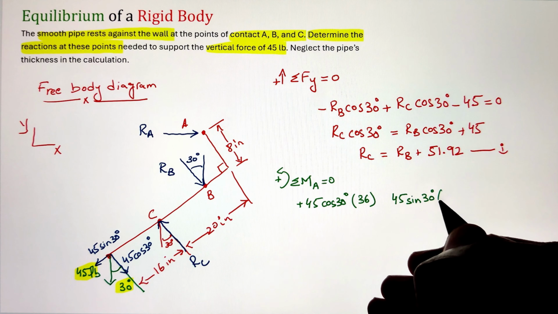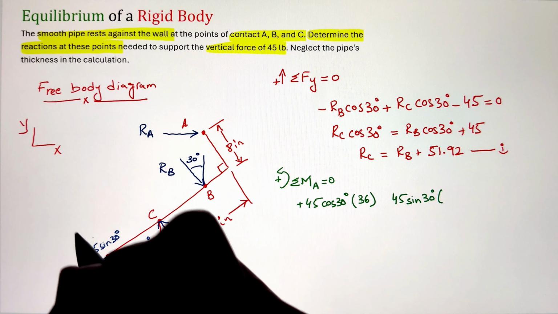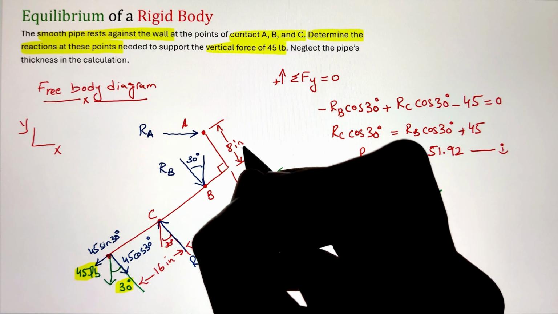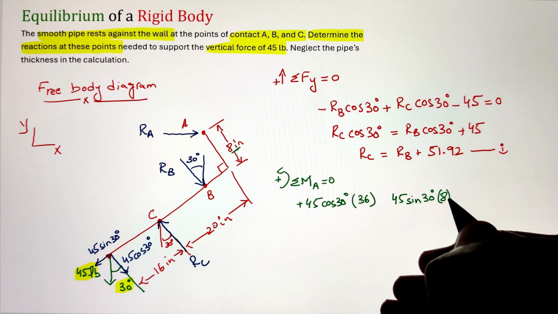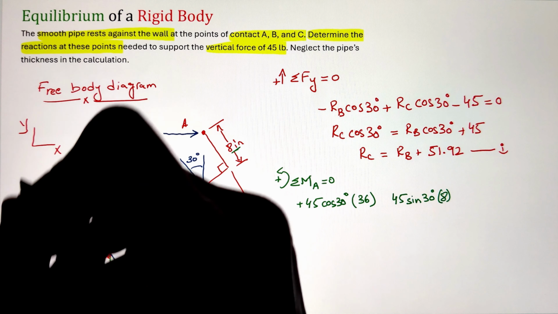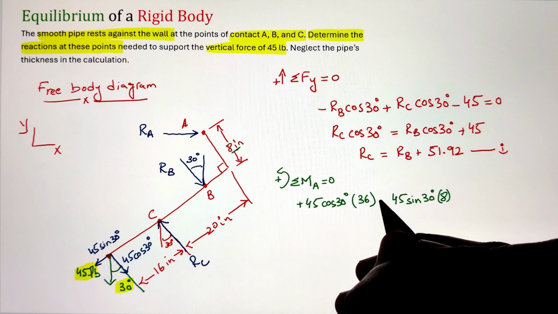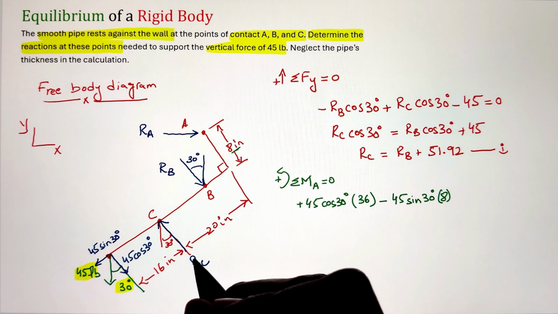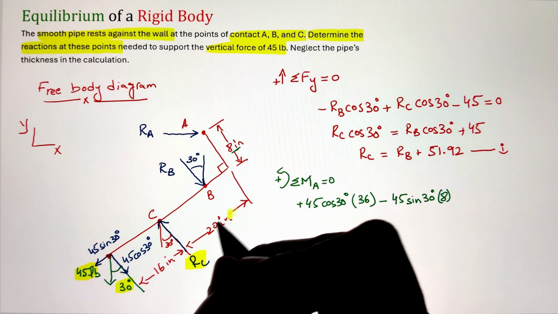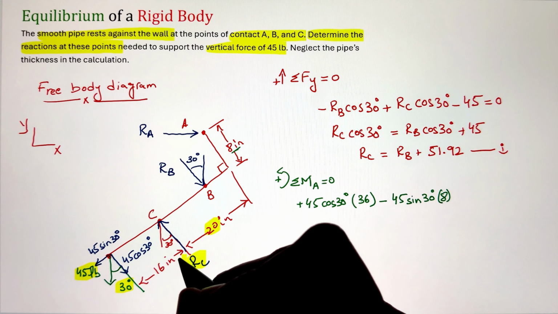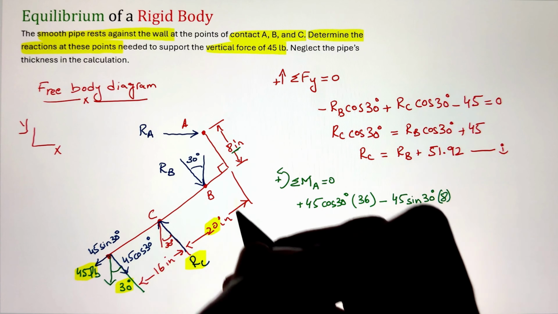That is the perpendicular distance between the force and point A. And this is going to create a counterclockwise moment, so that's why it is taken as positive. Next, our 45 sin 30 has a perpendicular distance of 8 inches with respect to point A, but this time it is going to create a clockwise moment, so that's why it is taken as negative.